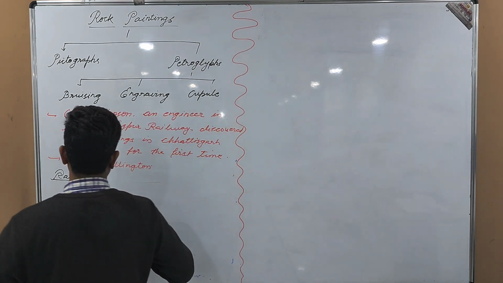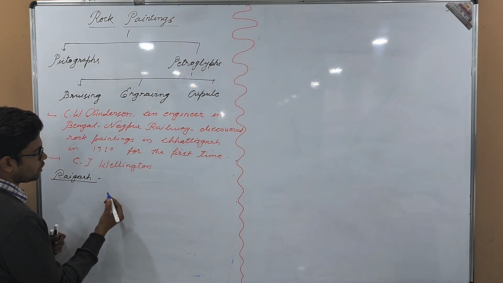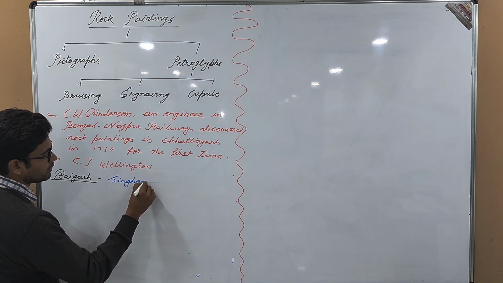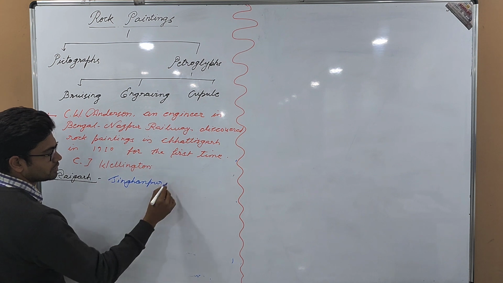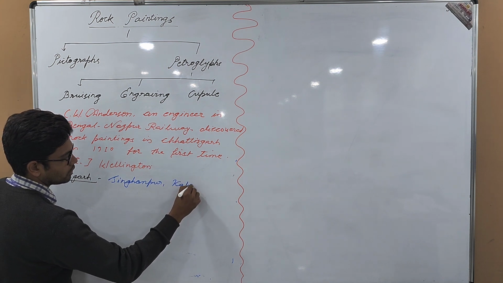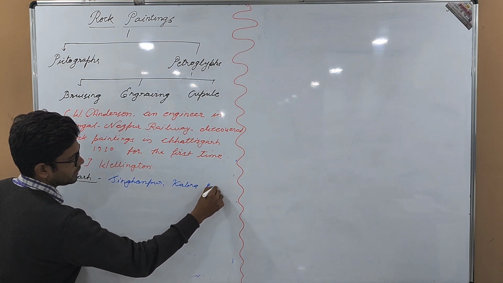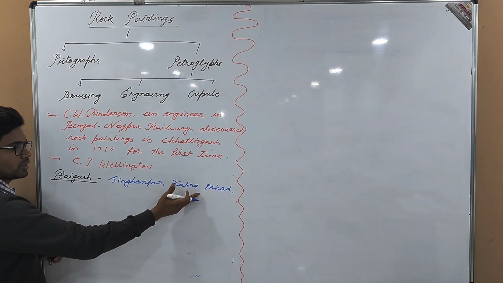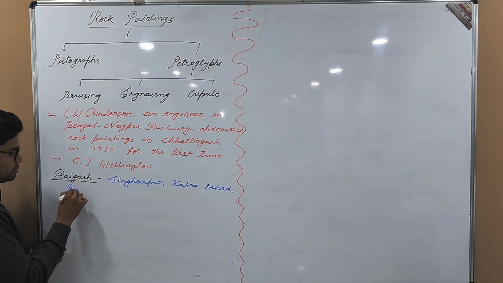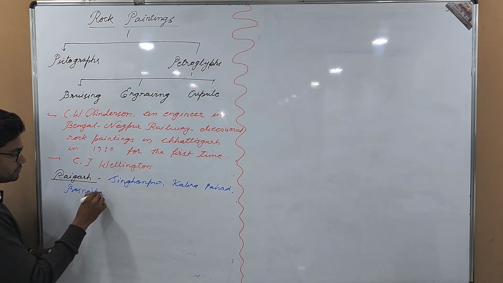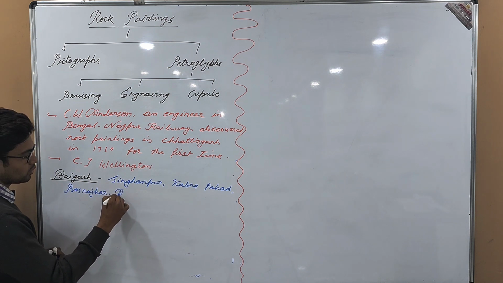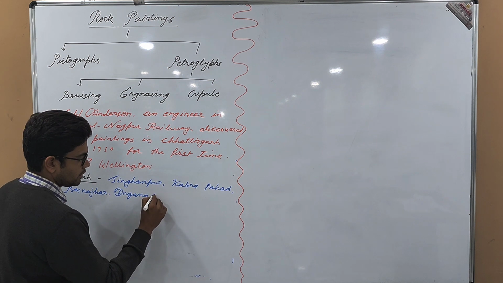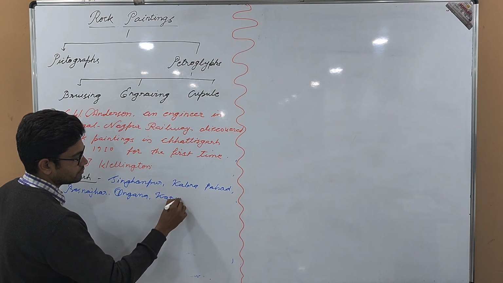In Raigad, the rock paintings have been found in the most famous Singhanpur caves. So Singhanpur is a place. Kabra Pahad or Kabra Hills is another place. Next is Basnajhar, then Ongna. Next is Karmagad.